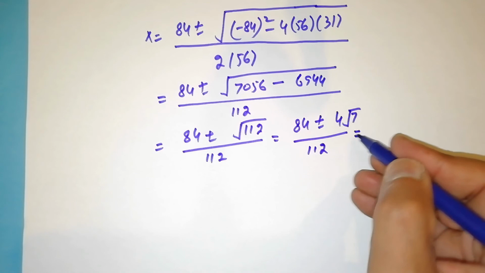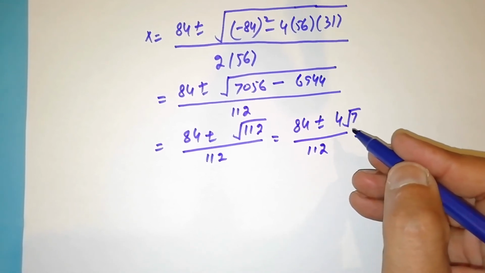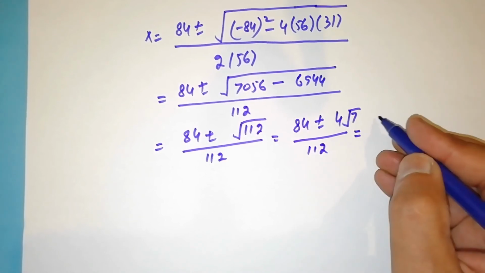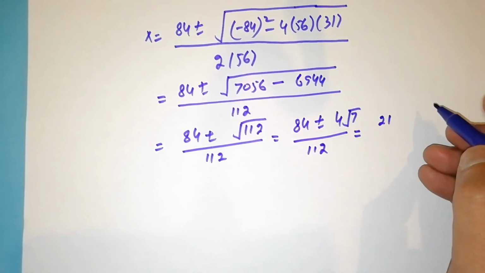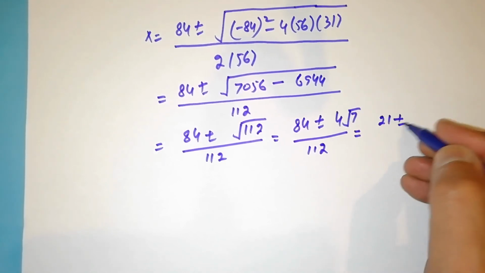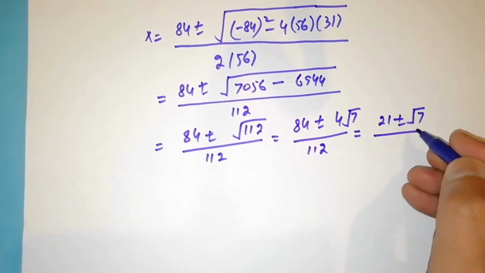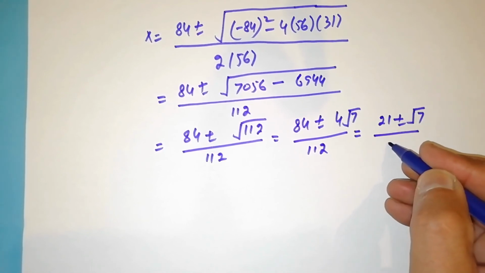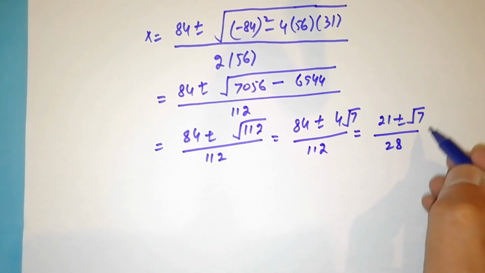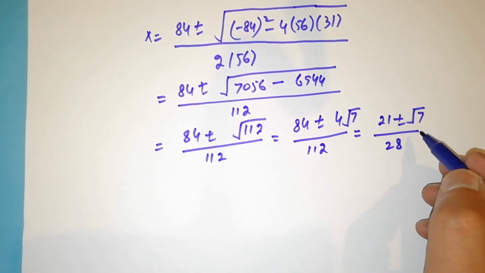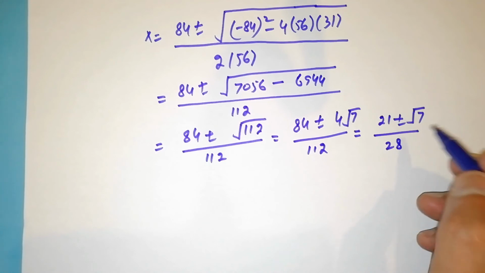This can be more simplified, that is 21 if you divide by 4, that is 21 plus minus 7 and divided by this is. Students, these roots are, remember, extra roots, you can easily check.